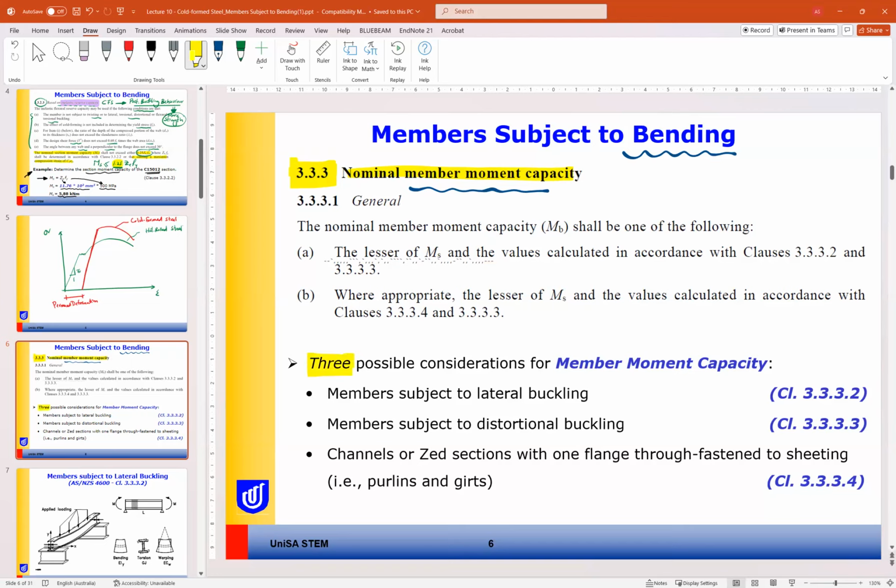For the member under bending, the member nominal capacity is concerned with overall or global buckling behavior, just something you learned in the hot roll.